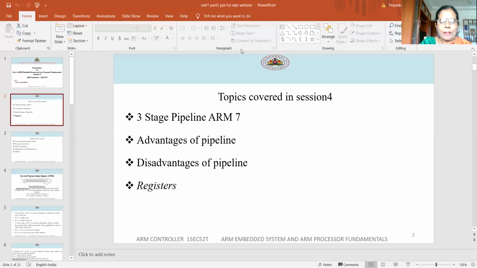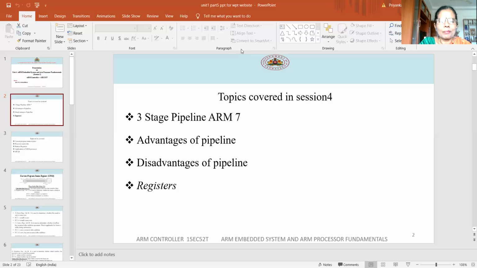R15 is the program counter, which holds the address of the next instruction to be fetched. And two processor registers we studied, CPSR and SPSR. CPSR is the current program status register, and SPSR is the saved program status register. CPSR is available in user mode and system mode, and SPSR is available in all other modes. So what are those modes?